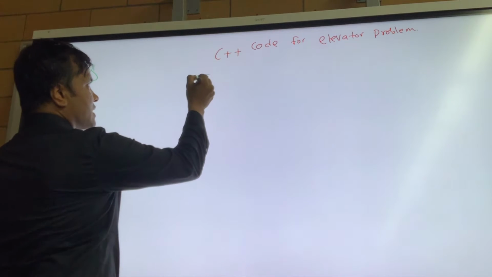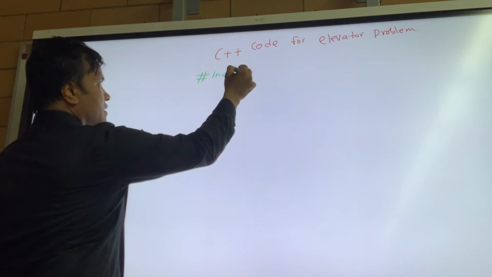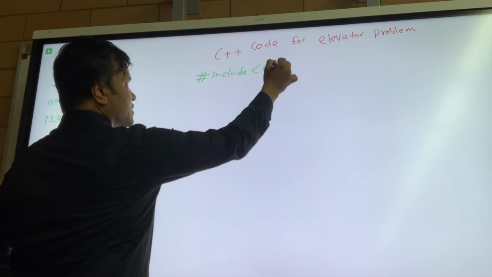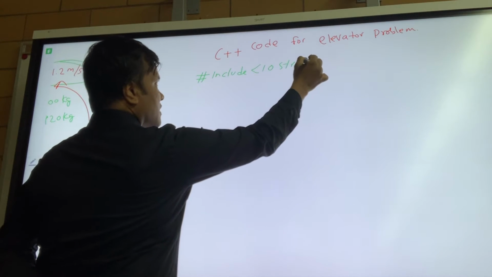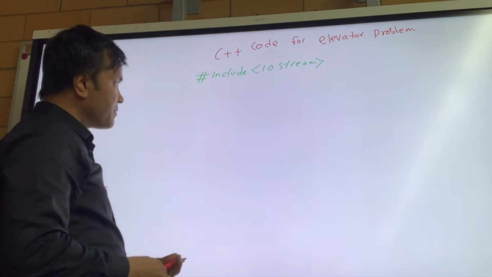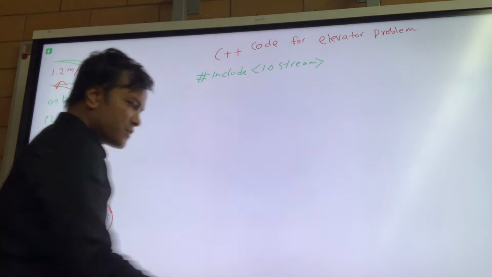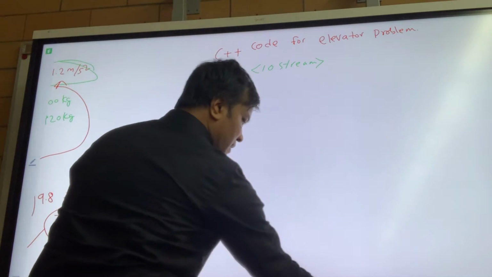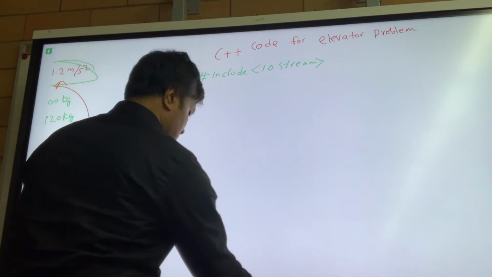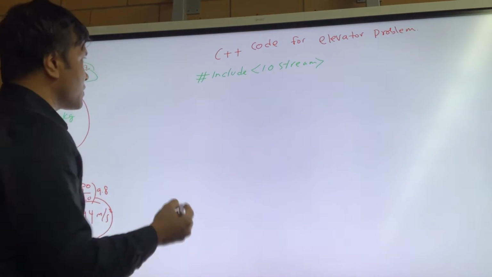So we're going to write include iostream. I don't think you can see this color, so I'm going to keep using black. I forgot to use black before.